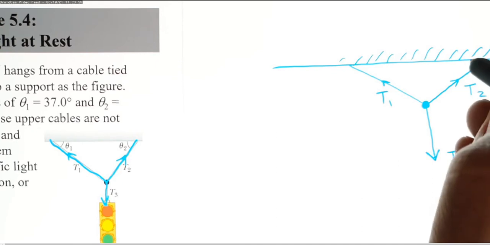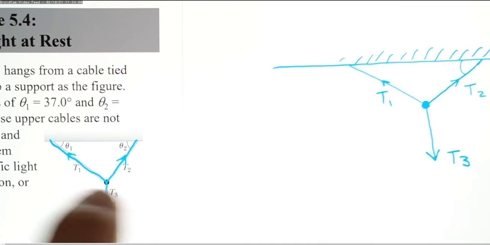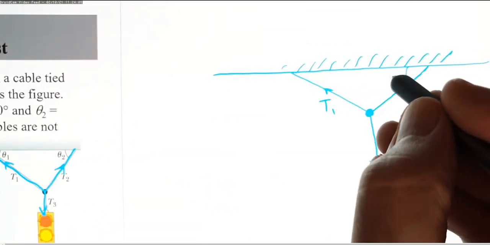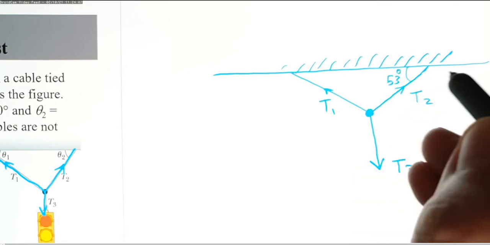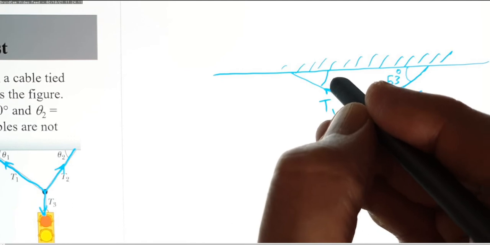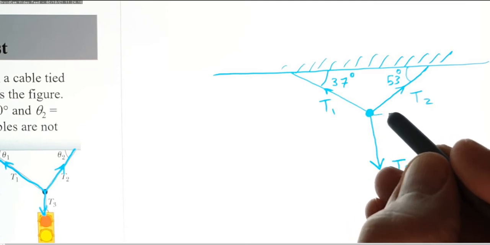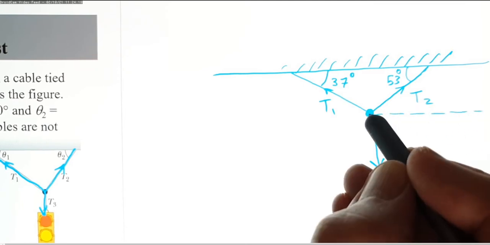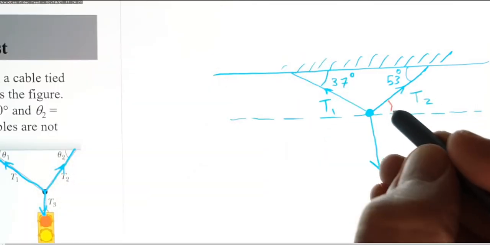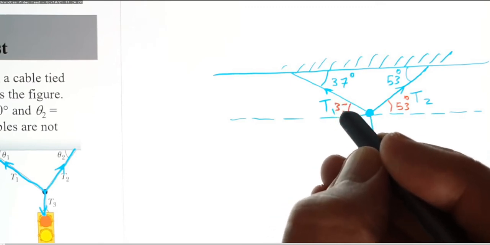Here we have theta 2, which is 53. So this one is 53 degrees, and this angle is 37 degrees. That means this angle is also 53, and this angle is also 73.